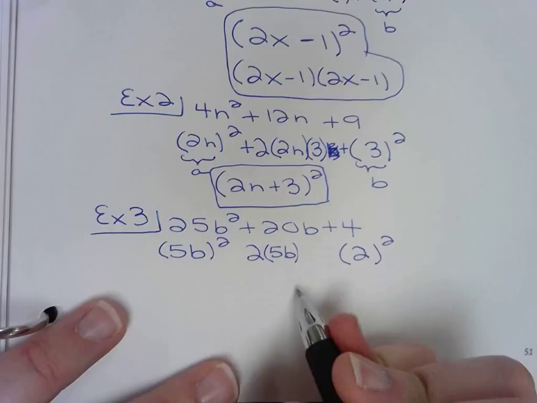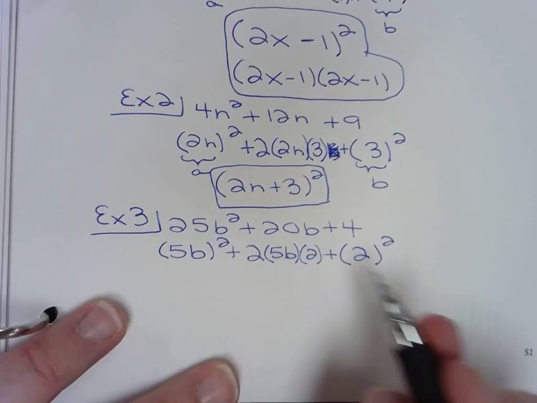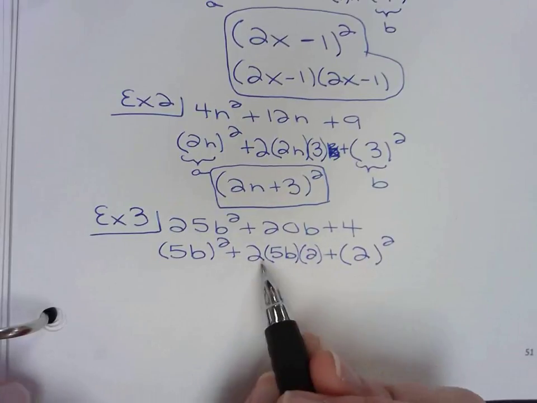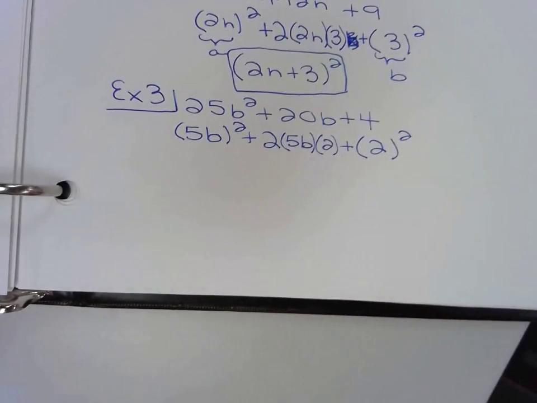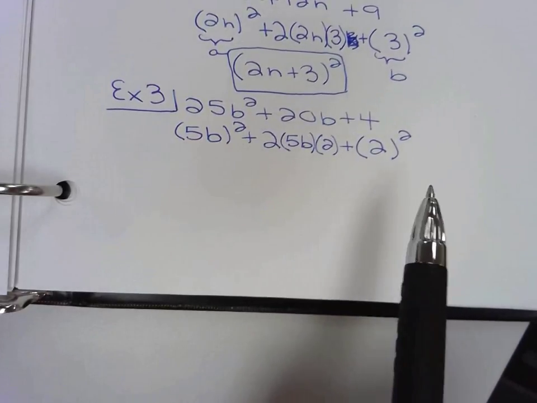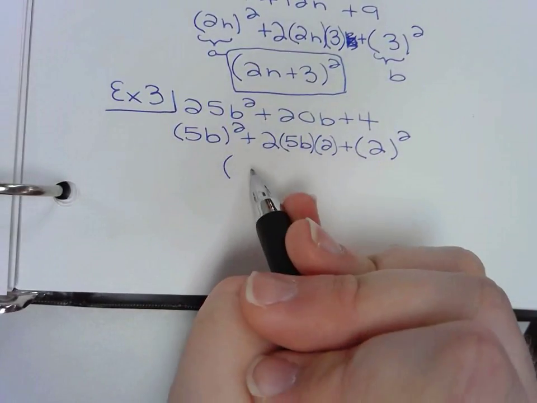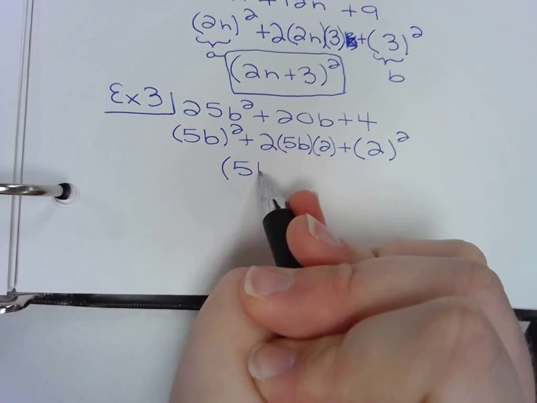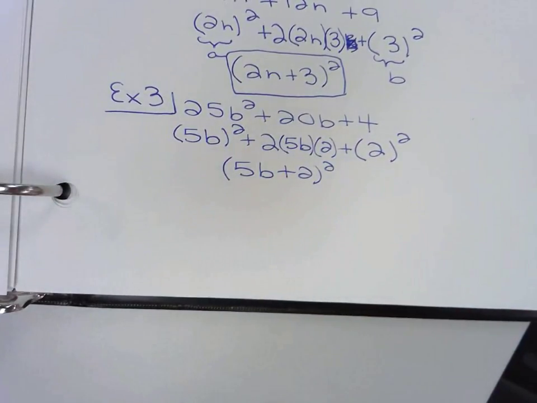Times b, which is 2. Does that give you back 20b? Yes. 2 times 5b times 2, 20b. So you need to make sure that your middle term is the same as 2ab. If it is, then your final answer is just going to be 5b plus 2 squared. Since they're both positive, it's just 5b plus 2 squared.